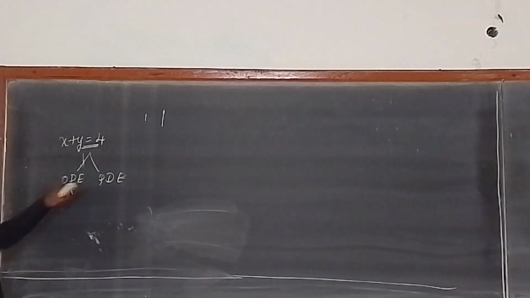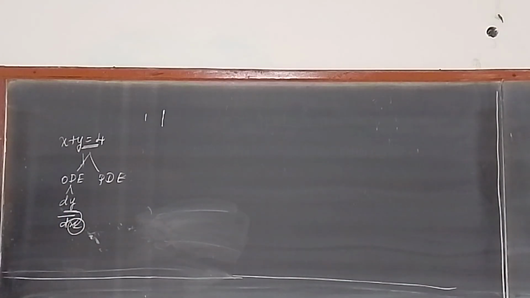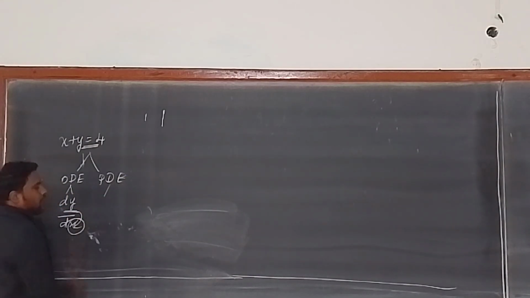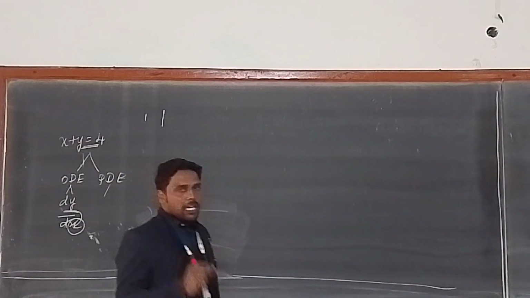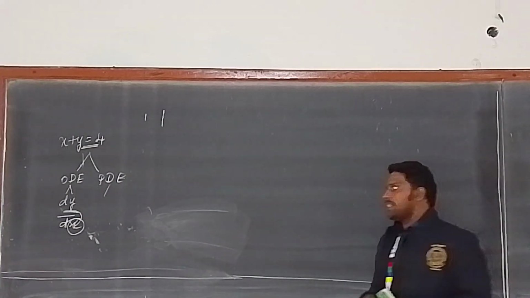For example, dy/dx, where y depends on only one independent variable, is called an ordinary differential equation.